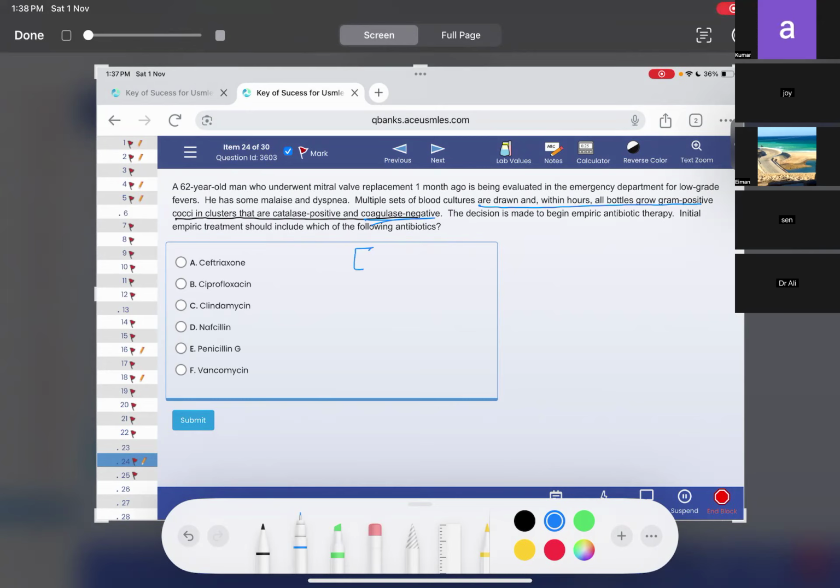Staph epidermidis has a specific type of polysaccharide called glycocalyx. This glycocalyx will attach to the smooth surfaces of any material.